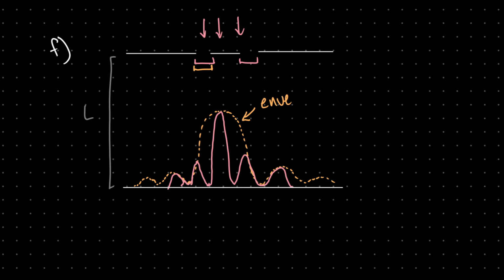So this is effectively acting as the envelope, right? Whereas the red line that I drew is what you're actually going to be seeing. It's just that as you go out, there's going to be one bright intensity at the center, and then these ones are a lot smaller. But yeah, that's problem 6 for you.